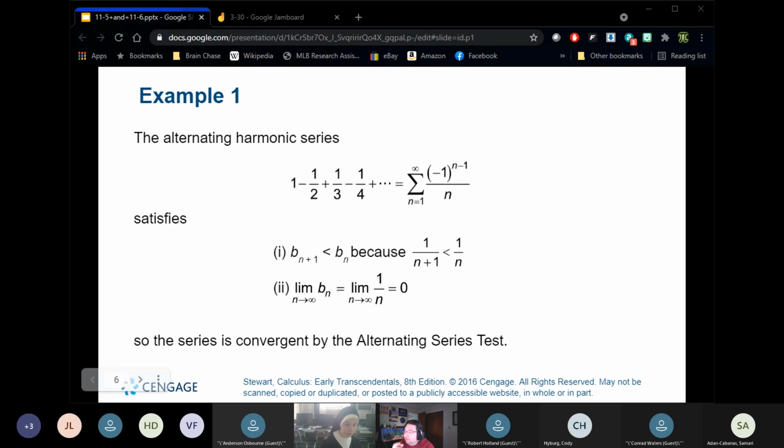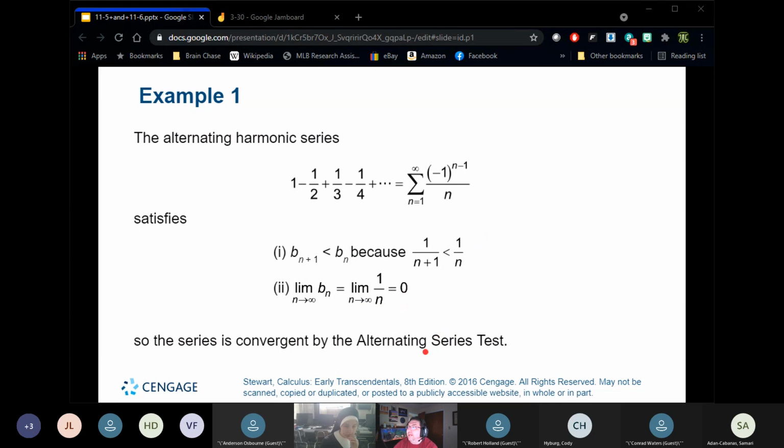If we look at the two criteria for the alternating series test, the first one is: does each term keep decreasing? And that it does. 1 over n plus 1 is less than 1 over n. So it meets the first criteria. Then the second criteria is, does the limit as n goes to infinity equal 0?